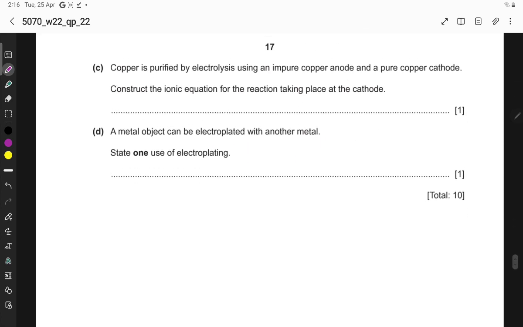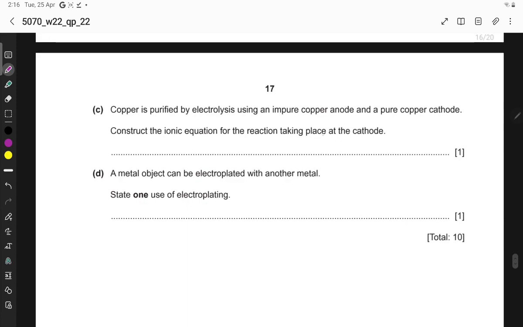Copper is purified by electrolysis using an impure copper anode and a pure copper cathode. Construct the ionic equation for the reaction taking place at the cathode. The cathode is the negative plate.